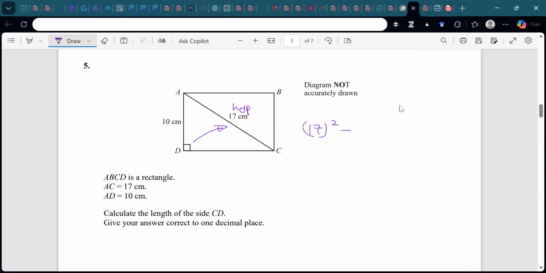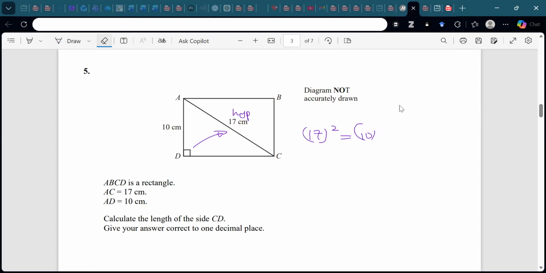So it's 17 squared is equal to 10 squared plus CD squared, because they want us to find CD. So even though we have this part of the rectangle over here, it does not play a crucial role in the calculation, because if we didn't have this part, we still could go ahead and do the calculation.